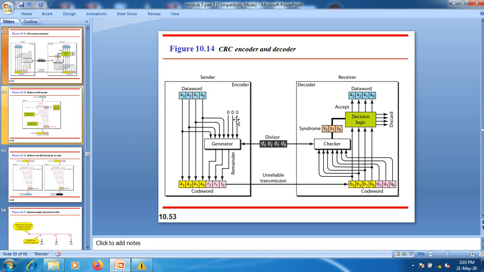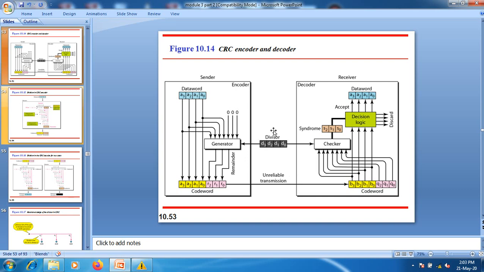The sender and the receiver are using an m-bit divisor that is shared between the two parties ahead of time. Now we have a k-bit data word. First we need to increase the size of this data word by appending zeros, that is, we need to append m-1 zeros to it.